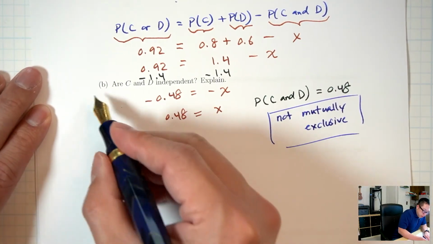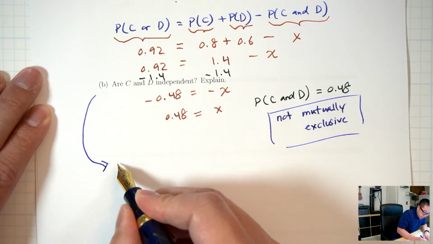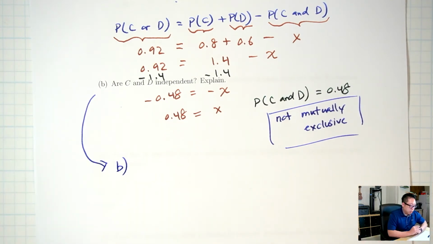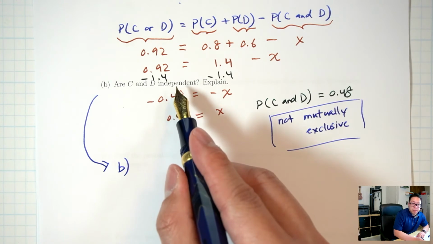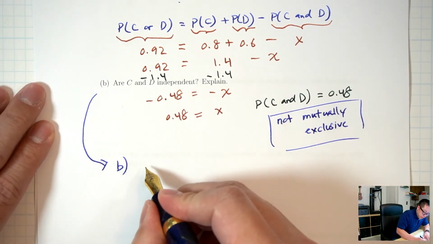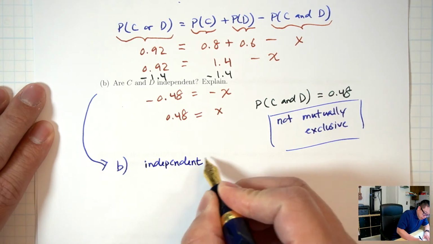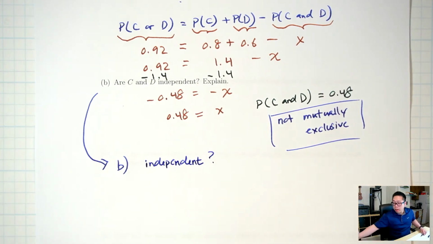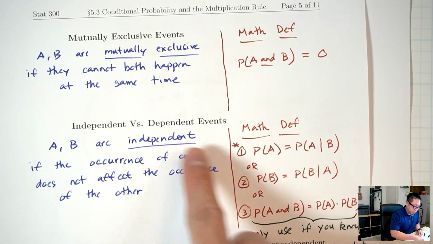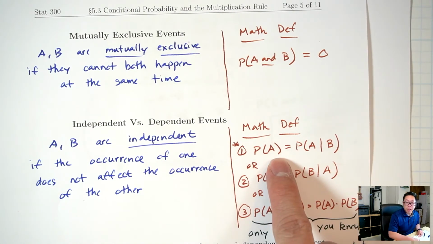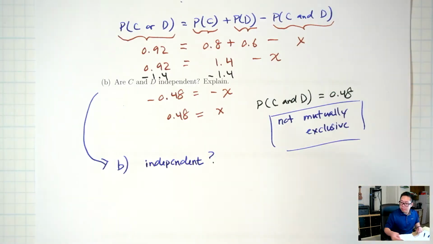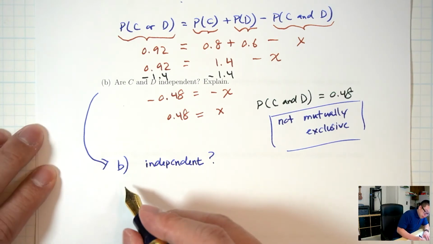Part B. So I'll do part B over here. Are C and D independent? Okay, so independent. I should be checking this equation. So probability of A equals probability of A given B. Right, so let me rewrite that.